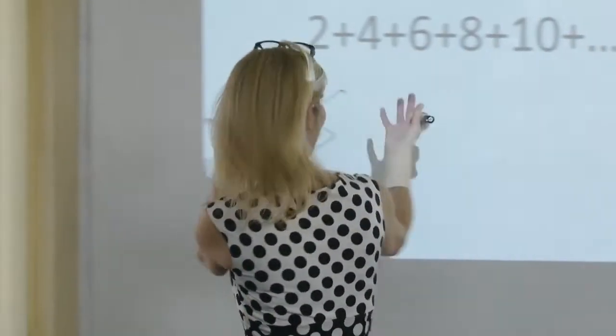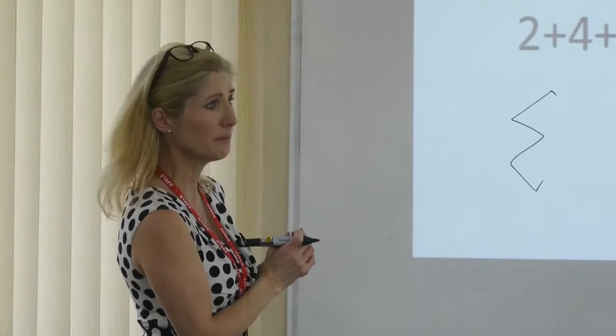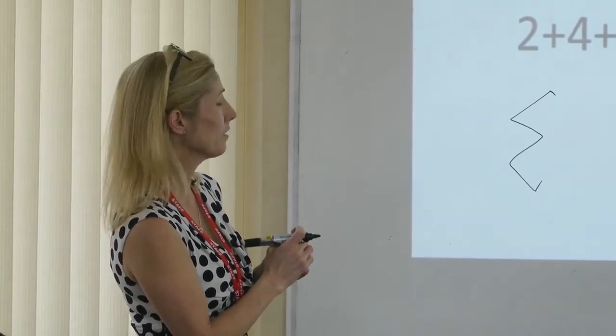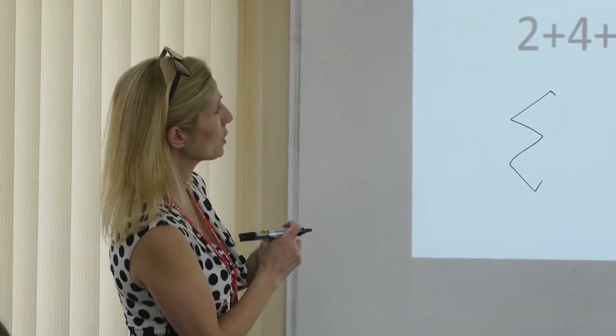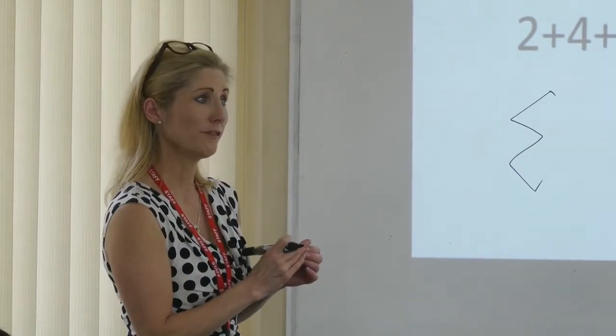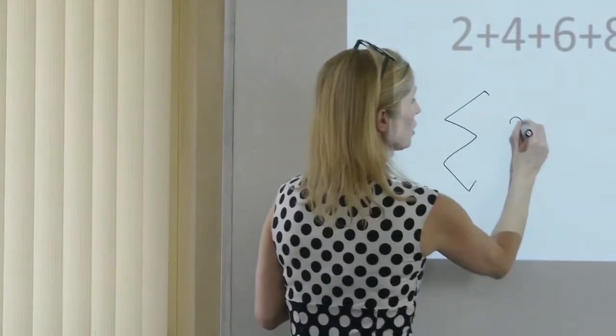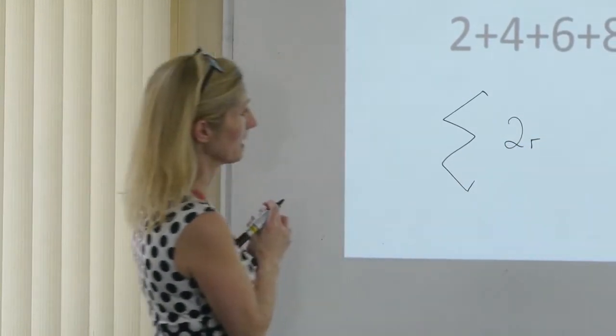So, Sam, what type of sequence was it? AP or GP? Oh, it's AP. It's an AP. Can you create a formula for each term number? What's happening each time? Increasing by 2. It's increasing by 2. So what would be the general formula for the nth term? It's just 2r, isn't it? It's just 2r. It's not a complicated one, this one.